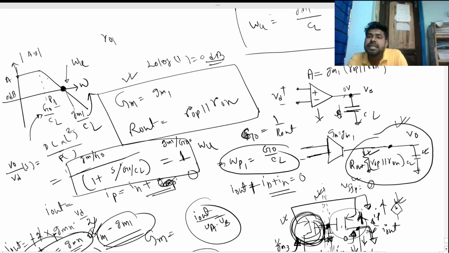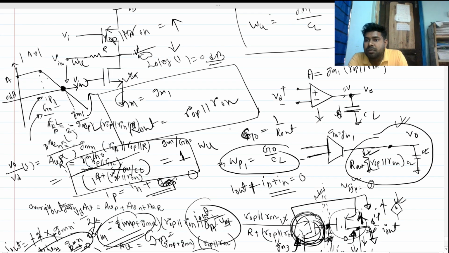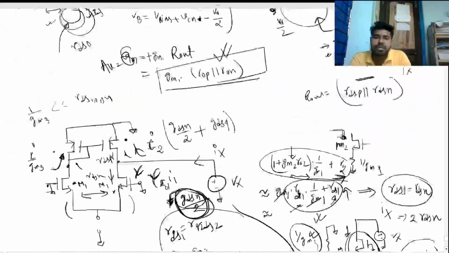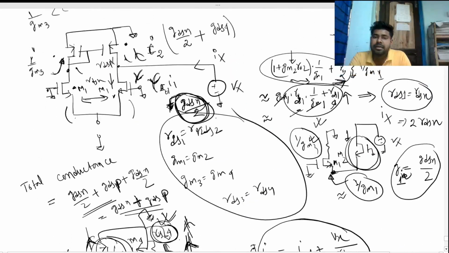Because the output impedance is very high, so 1 over this value will be low. So if this value is low, this pole is closer to the origin. This is how it makes sense: the unity gain frequency will be at a higher frequency.